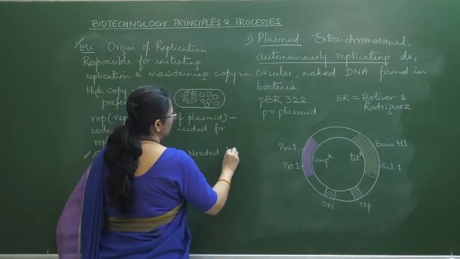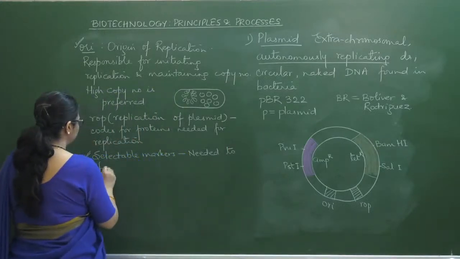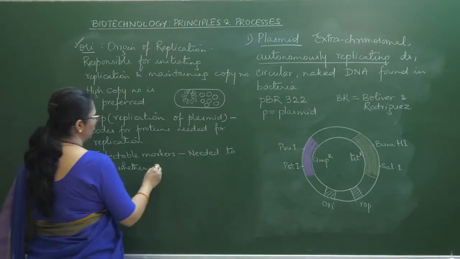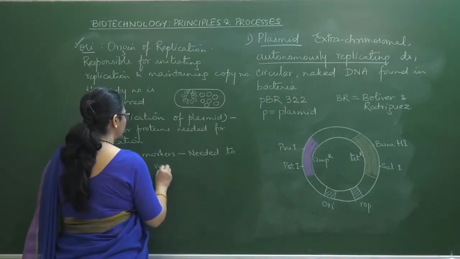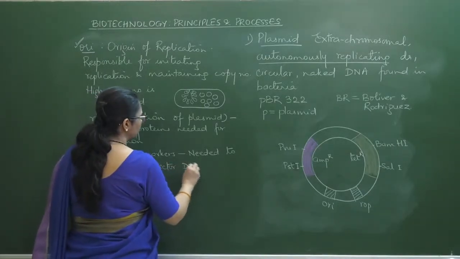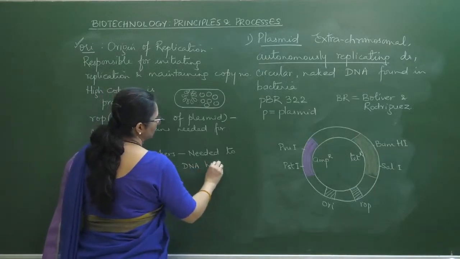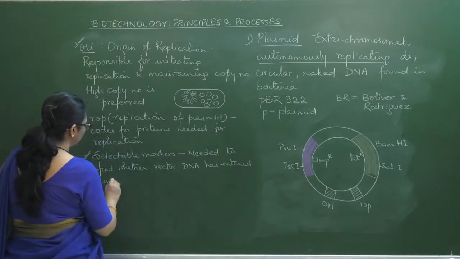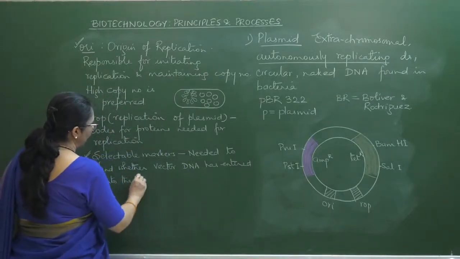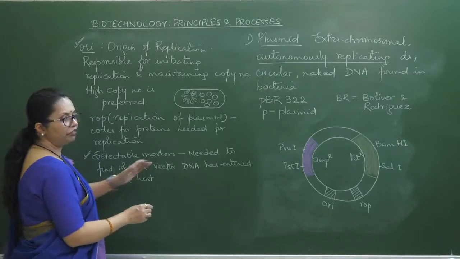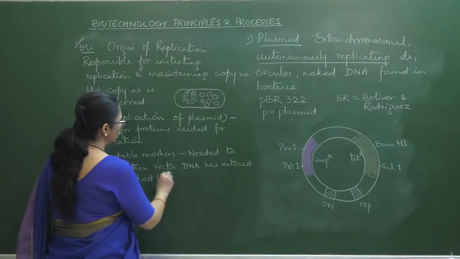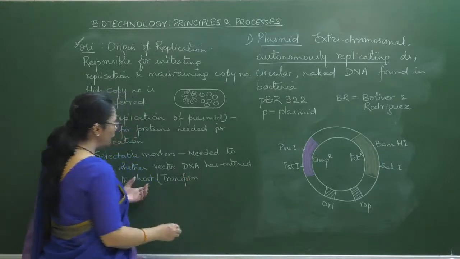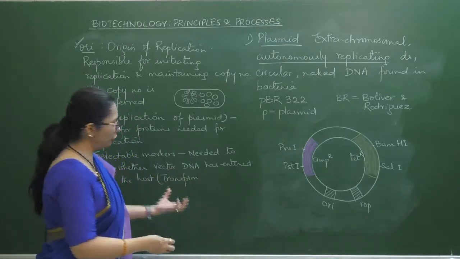First, these are needed to find whether vector DNA has entered into the host. Any DNA from outside, if it is entering into the host, that process will be called transformation, and that host will be called a transformant.